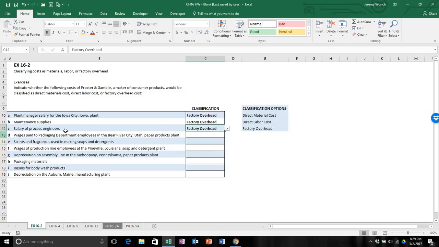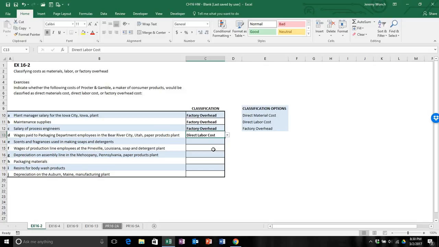This one is kind of tough because they're not actually telling us what our cost object is. So in this one we just kind of have to assume that these are employees in the packing department, and the packing department just does the products that we're looking at. I think what they're looking for on this one is direct labor cost.